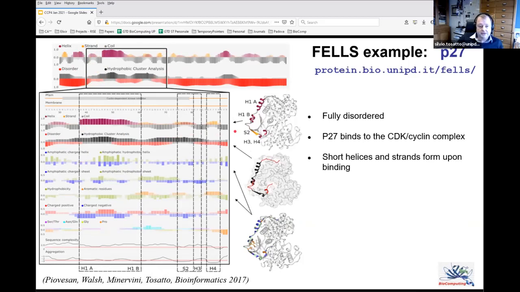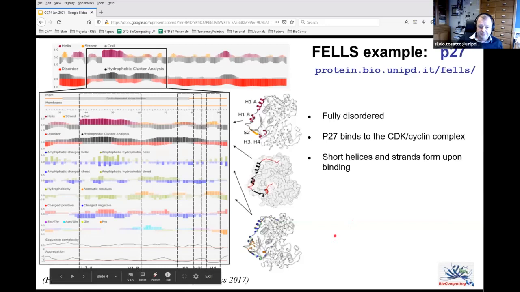So you can also add any other construct which may be of interest experimentally. And you can get the propensities for alpha helix here and beta strand in these two different colors, the presence of disordered regions, and then amphipathicity. And you can see here that this amphipathic region corresponds very well to the helix, which is shown here on the structure.